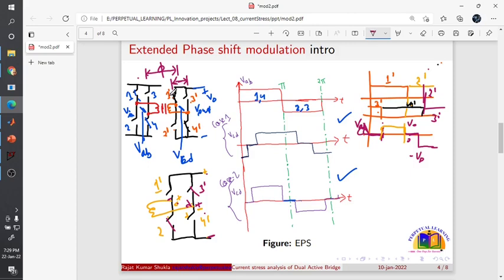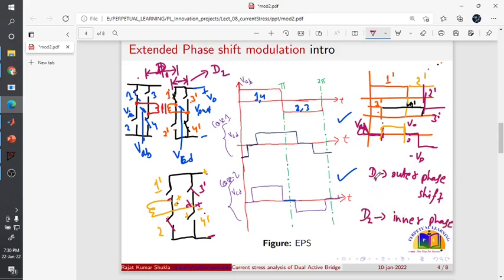The switch signals between switch 1 dash and switch 3 dash are phase shifted by D1 or D2. So phi or D1 is the outer phase shift and D2 is the inner phase shift.